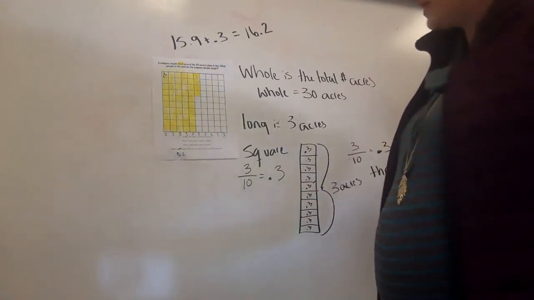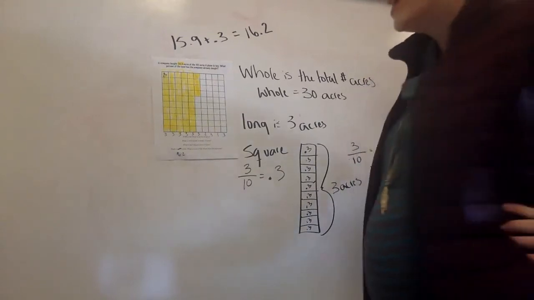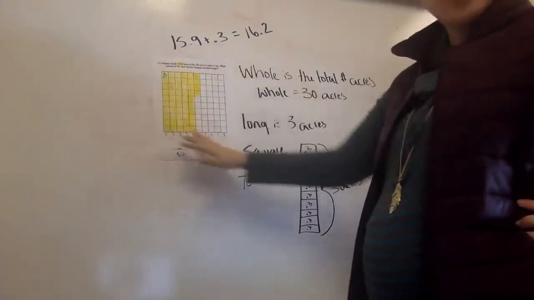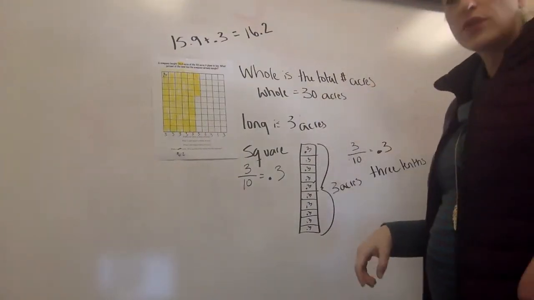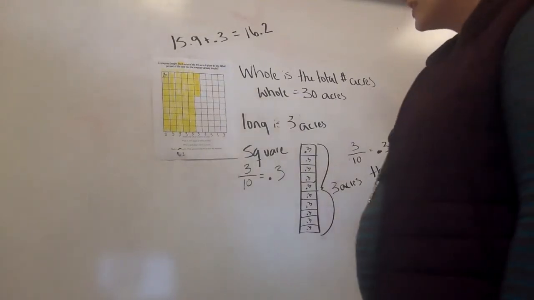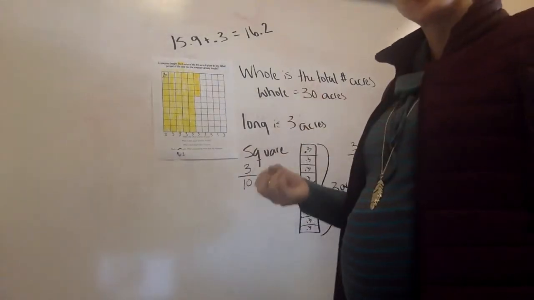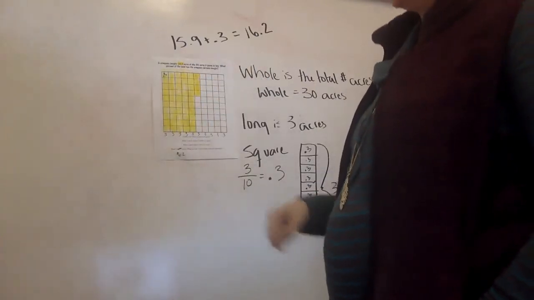Okay, now what was the question that we wanted to know? What percent of the land has the company already bought? Well, here's the nice thing. We went to all the work to build this model. Our model now answers the question. Because remember that percent literally means out of 100. So I'm going to see how many of my squares out of the 100 total squares are colored in yellow.